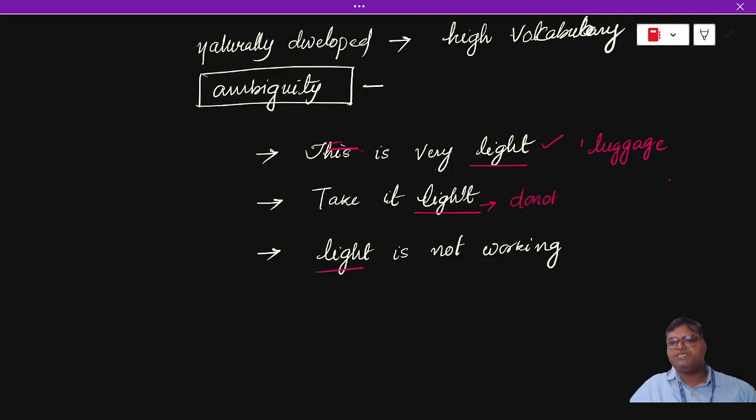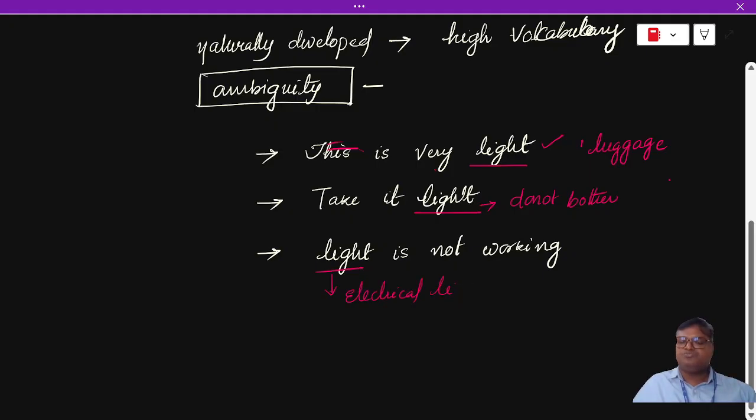That is another meaning. And when I say light is not working, I'm talking about an electrical light. So this is known as ambiguity.